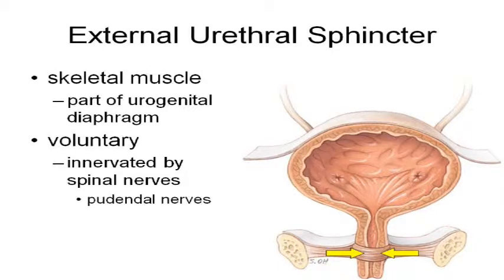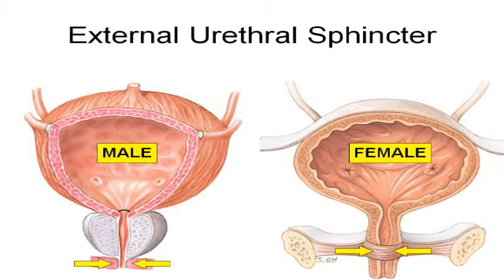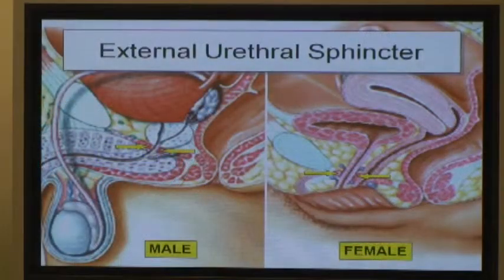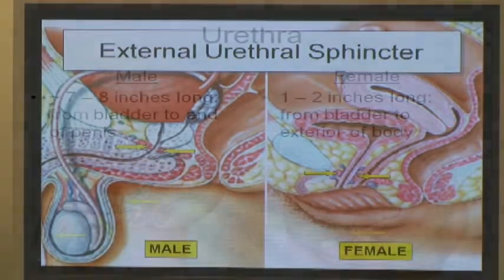In women, it's basically a little circular piece of muscle right at the pelvic floor. In men, it's right below the prostate. From the side, here's the bladder, here's the prostate. This is where the external would be. In women, the internal is going to be right here, the external is going to be right here, which is basically when you Kegel, you contract those pelvic floor muscles, you're contracting the external urethral sphincter.